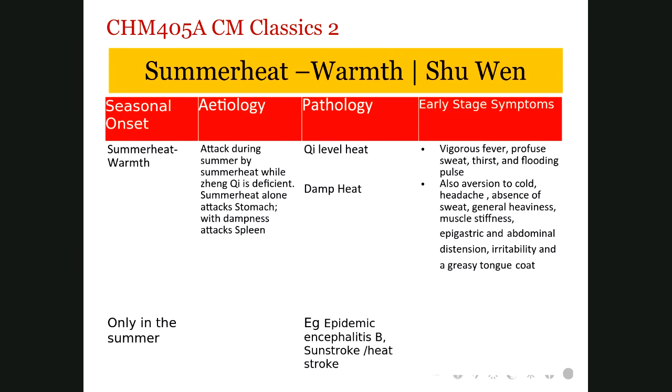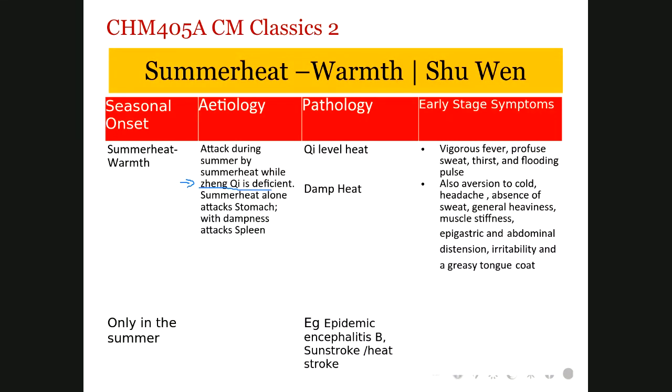So during the summer, when attacked by summer heat, if the zhen qi is not strong enough you suffer; you would never suffer if you have very strong zhen qi. You get very good perspiration and look after the summer heat pathogens there. You don't get very sick. You're only sick when you don't have strong antipathogenic qi.